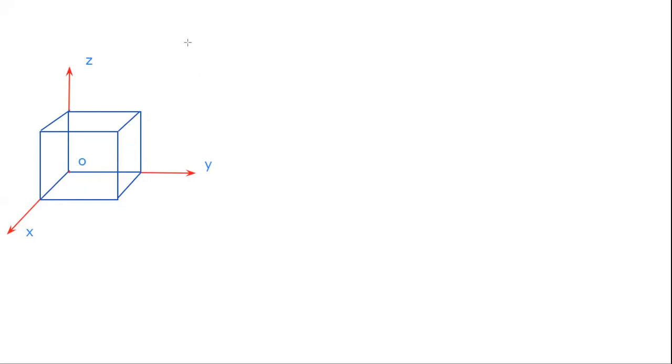Suppose you have to indicate the plane 100. As these numbers are inserted in parenthesis, this bracket is called parenthesis, and that means you have to draw the plane.